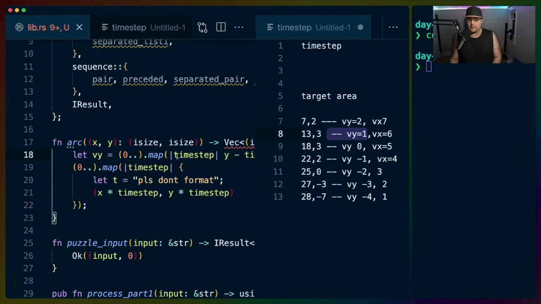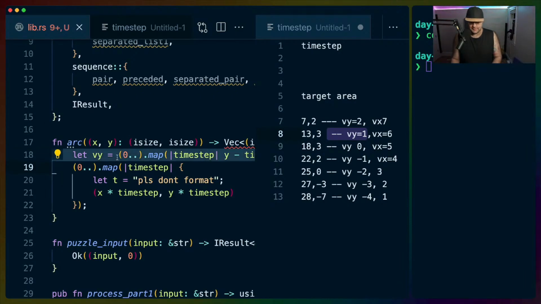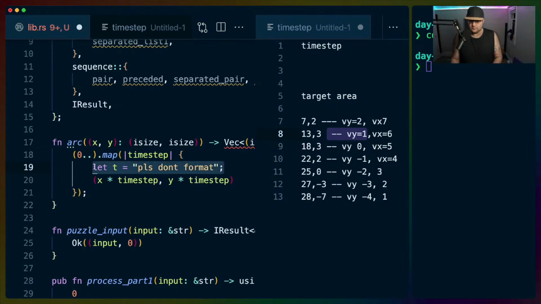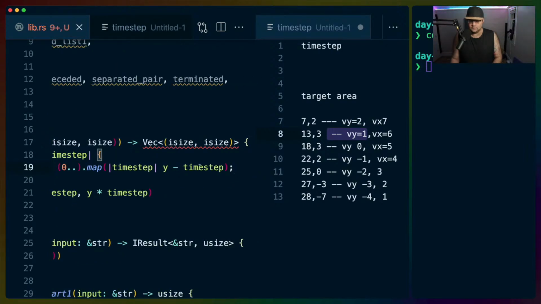So if we just calculate these as dot dot to the current time step, and then sum it up, right?